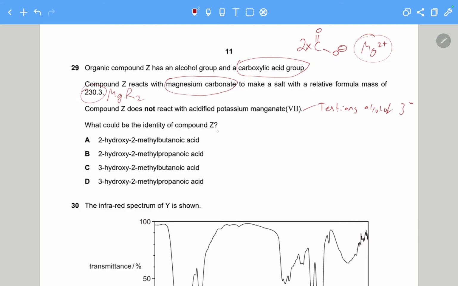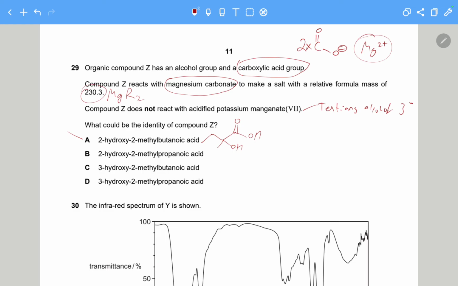A is 2-hydroxy-2-methylbutanoic acid, which is CH3CH2, C, CH3 and OH and CO2H. So this is a tertiary alcohol, which means A is feasible. And let's do the rest. Let's eliminate all the ones which are not tertiary alcohols, so that we don't have to calculate the formula mass of each and every one of them.